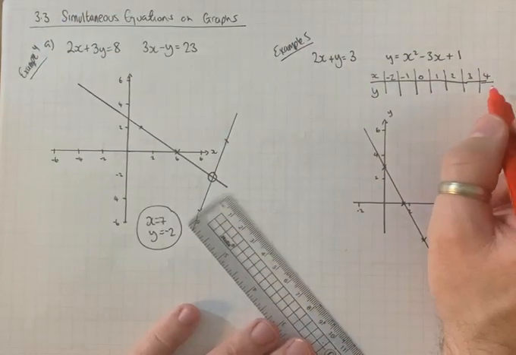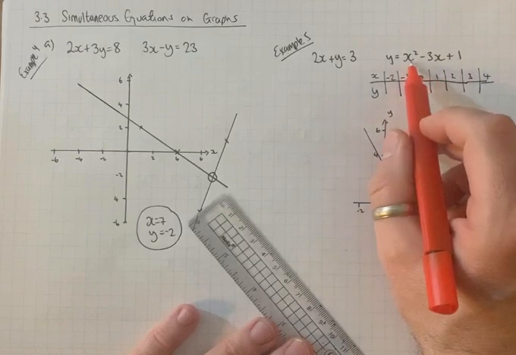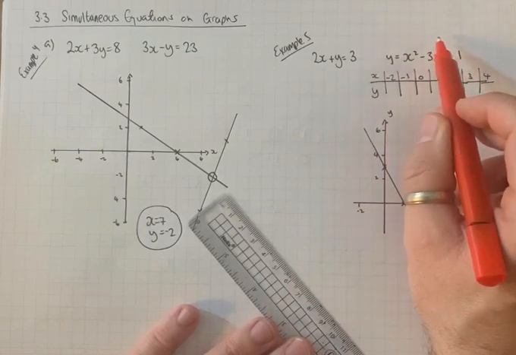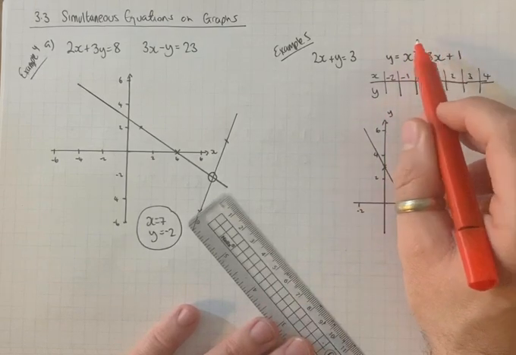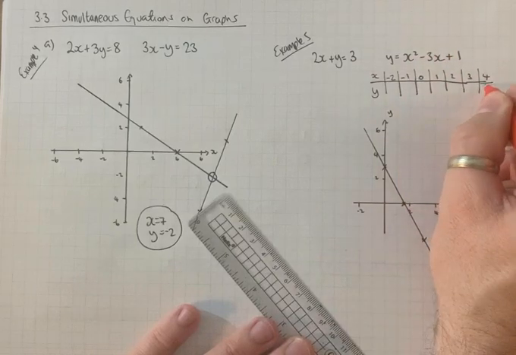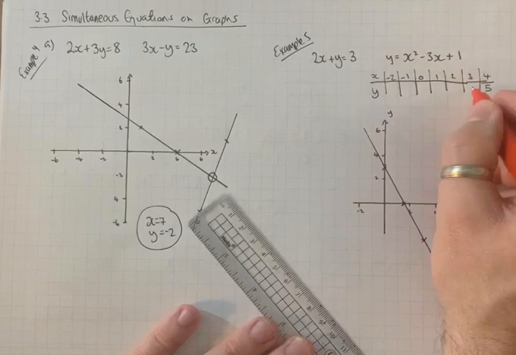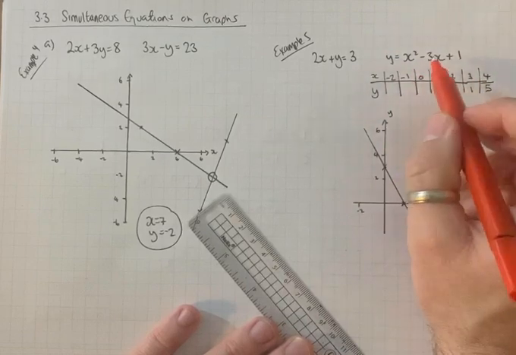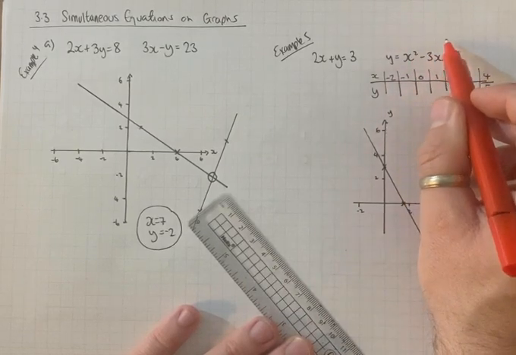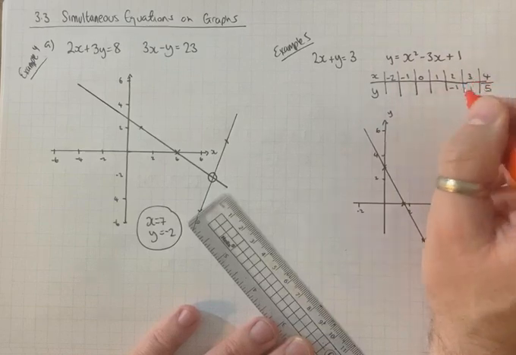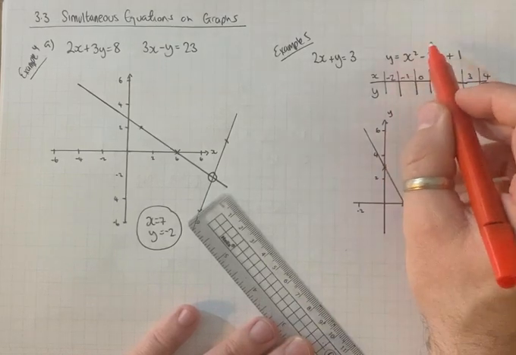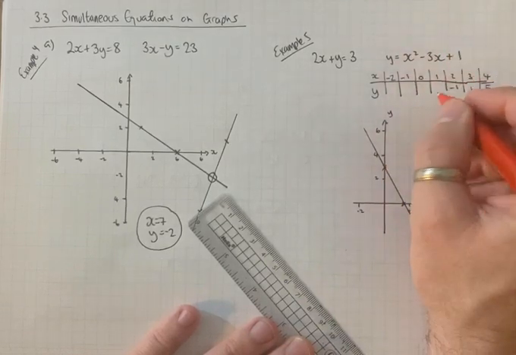It's often easy to work backwards. When x is 4, you're going to have 16, take 12, add 1, so it's going to be 5. When x equals 3, you're going to have 9, take 9 is 0, so it's going to be 1. When x equals 2, you're going to have 4, take 6, minus 2, plus 1 is minus 1. When x is 1, you're going to have 1 plus 1, take away 3, minus 1.